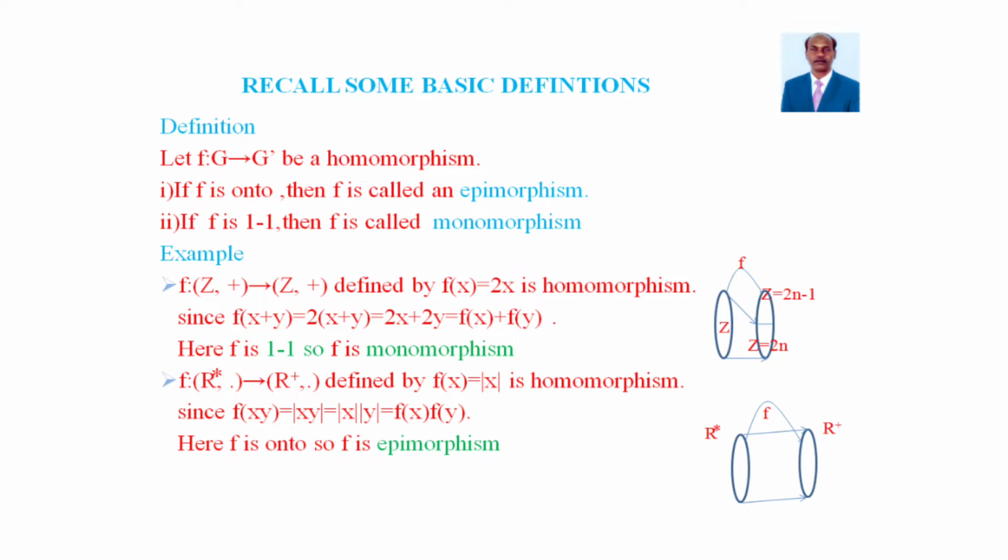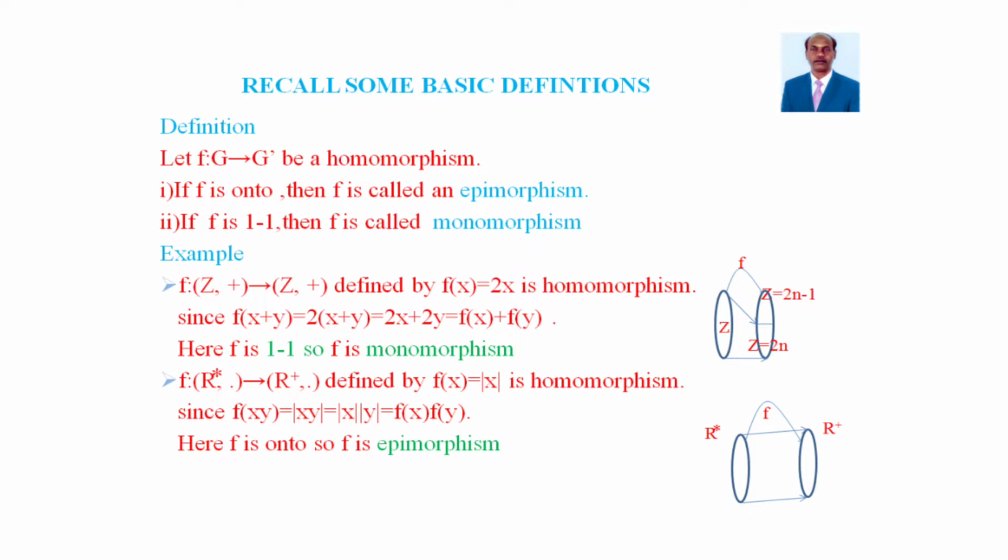Looking at the first picture, the domain set is Z and the codomain set is also Z, but the codomain set is divided into two categories: one part is odd values, another part is even values. By the definition, every element in the domain set has an image in the codomain set as an even number, so the one-one condition is satisfied.